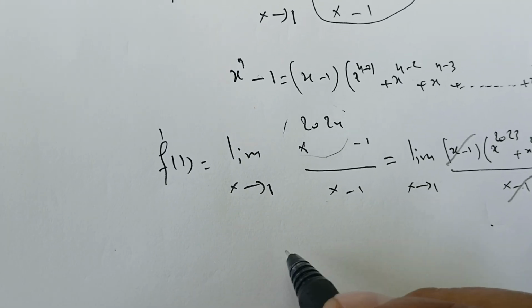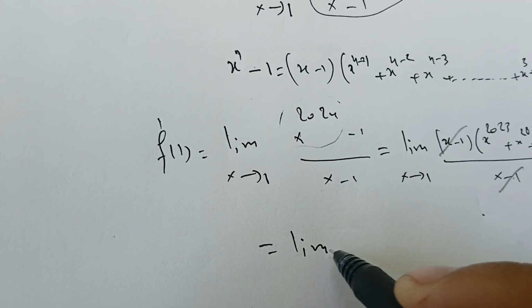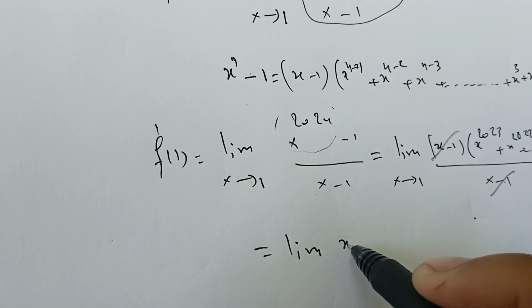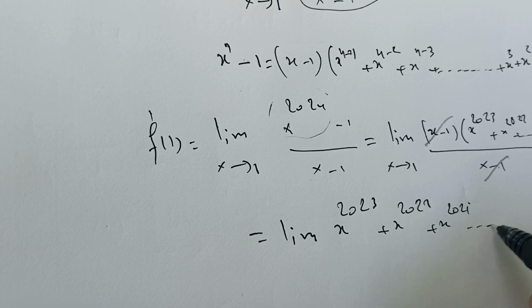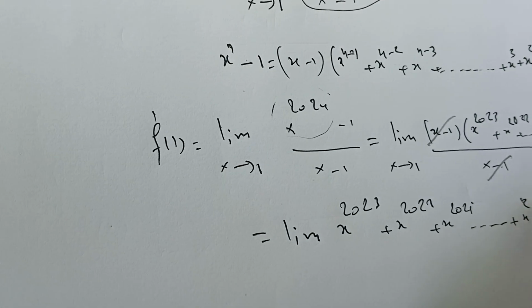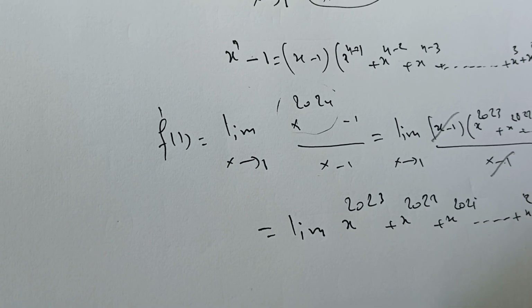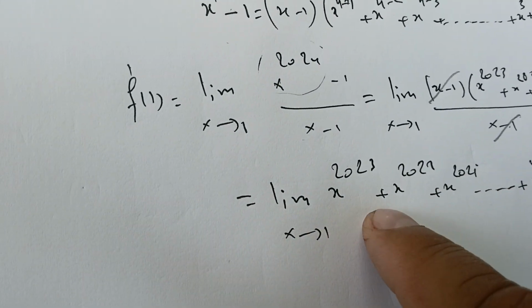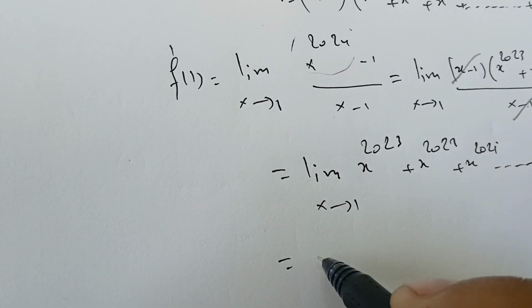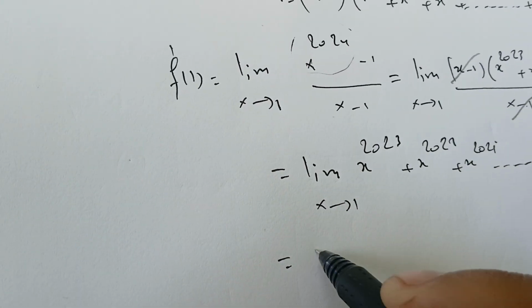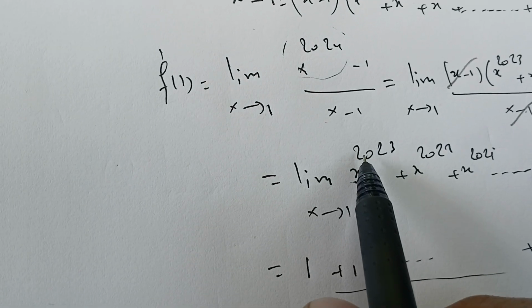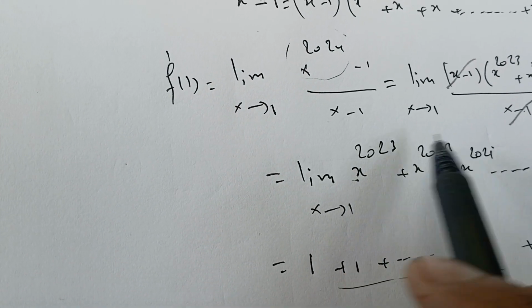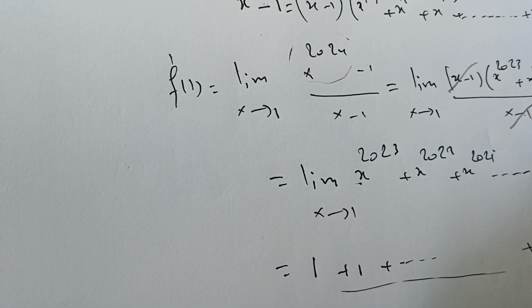Now what I have left is the limit as x goes to 1 of x to the 2023 plus x to the 2022 plus x to the 2021 until x to the power 2 plus x to the power 1 plus 1. Now when I plug x equals 1, I have no problem. So I have 1 here, plus 1, plus 1, plus 1. How many ones? Look, I went from 2023 down to the last one, which is x to the power 0.